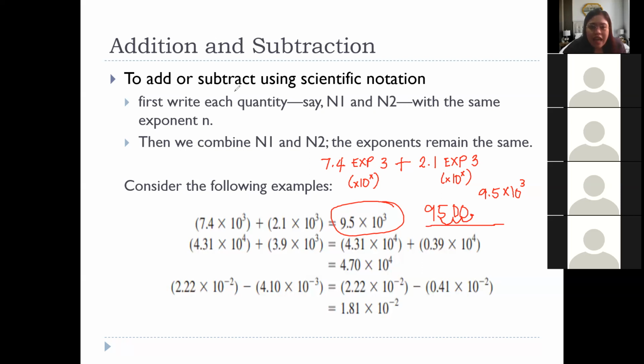Now, most of the time, we adjust the second na given. But you have to take note that most of the time also, we follow the exponent na mas dako ang value. So just like sa second na given, mas dako ang value sa 4 kaysa sa 3. So we adjust the 3 and let's make it 4.